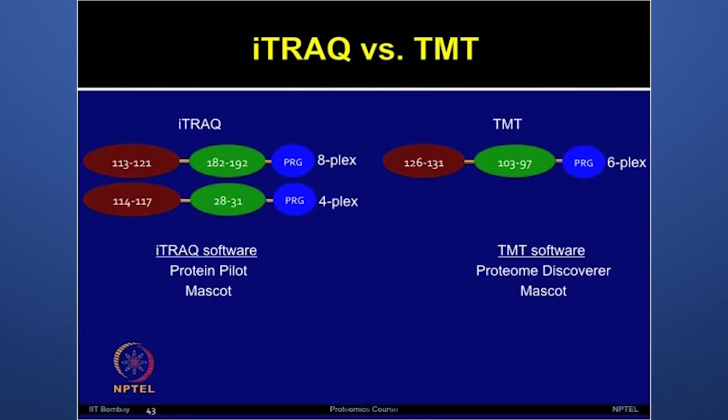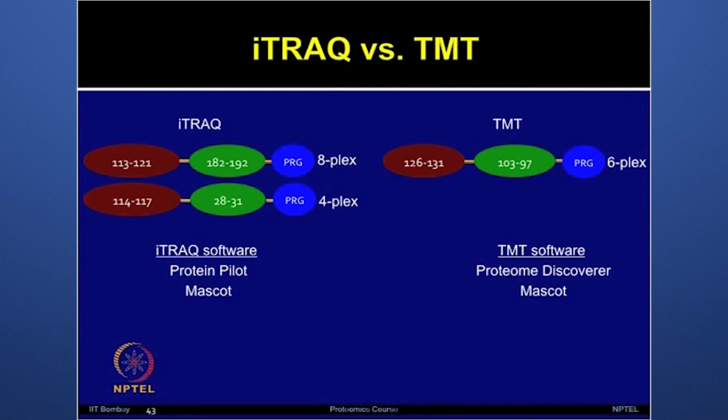Now, in iTRAQ, the reporter in the 4-plex is from 114 to 117 Dalton. The balancer is between 28 to 31 Dalton, whereas in 8-plex the reporter is from 113 to 121, and the balancer is from 182 to 192.